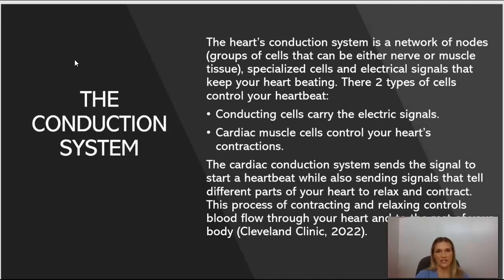First, you have the conducting cells, which carry electrical signals, and then you have cardiac muscle cells, which control the heart's contraction. So the conducting cells are what spark the electrical signals, and then the cardiac muscle cells control the actual contraction of the heart, because I'm sure we well know that the heart is a muscle.